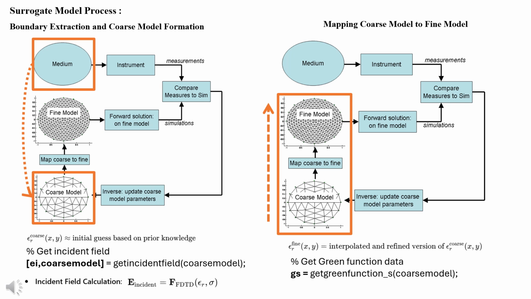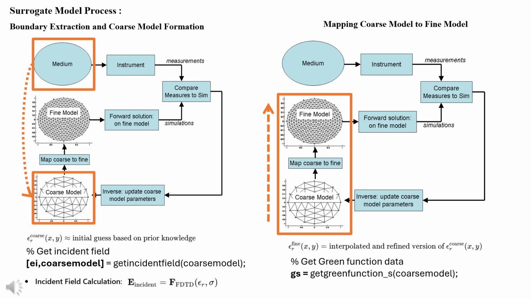The fine model is created by interpolating the coarse model and updating it with information obtained from prior iterations. This transformation is crucial because while the coarse model helps reduce computational complexity in early iterations, the fine model allows for a more accurate and refined solution as we approach the final stages of the problem.